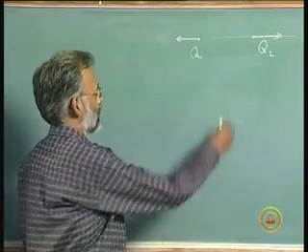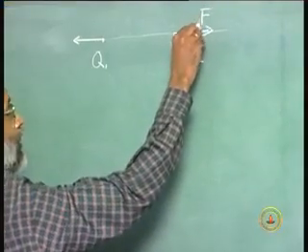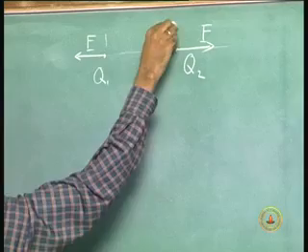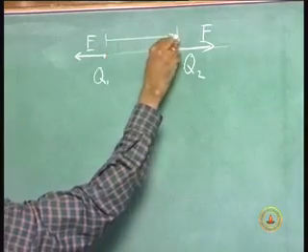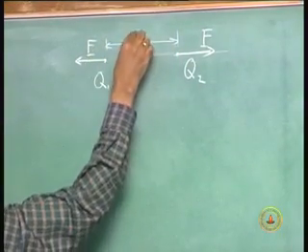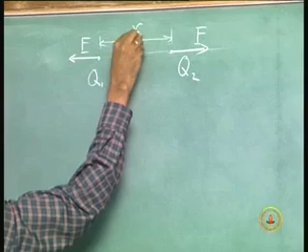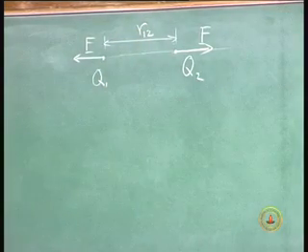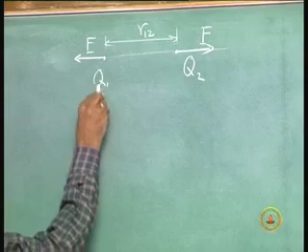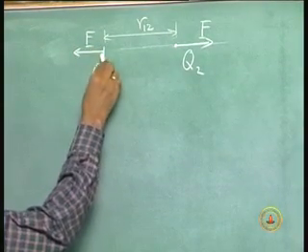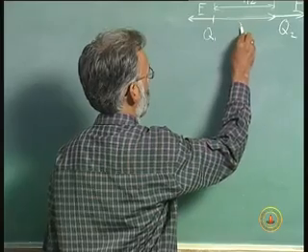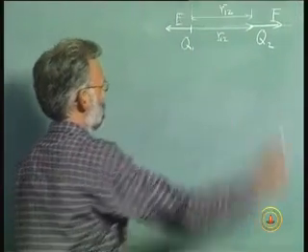How large is this force? Well, if we call this distance R12, when I label things like R12, I mean put the foot of the vector at 1, draw an arrow to 2, and that vector is called R12.